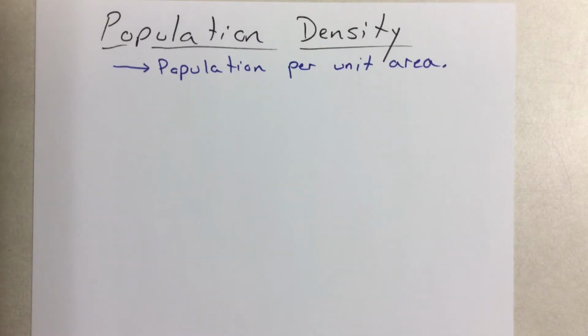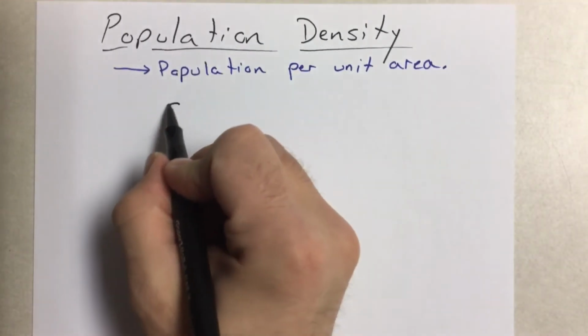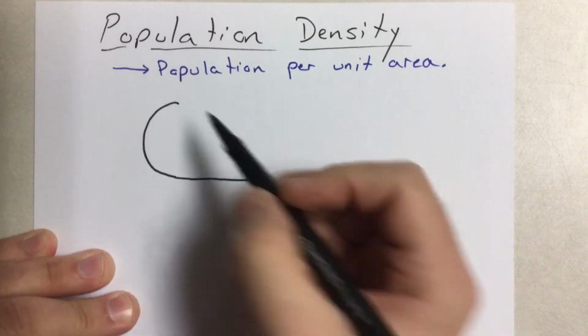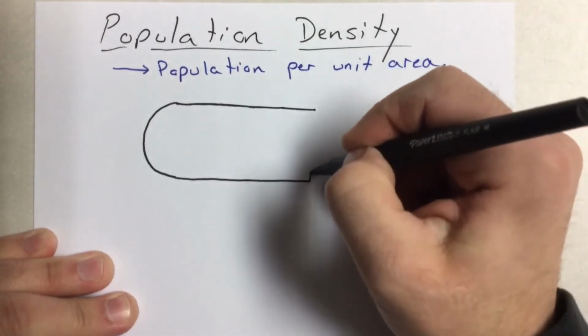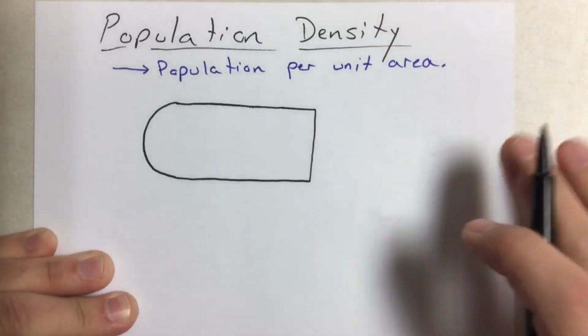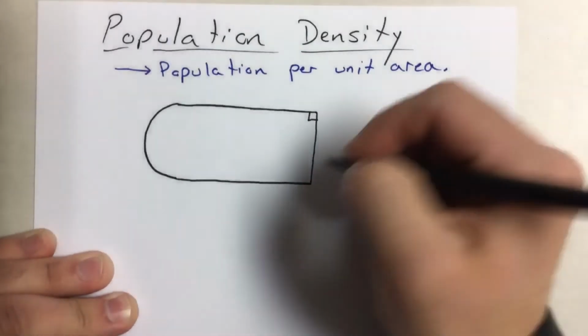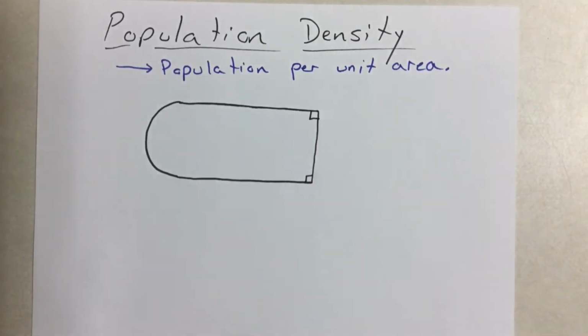Let's say that our region in this video, because this could be different every single time, looks like this. Okay, so this is our region, and we'll assume that there are right angles here. Obviously the region is going to differ.